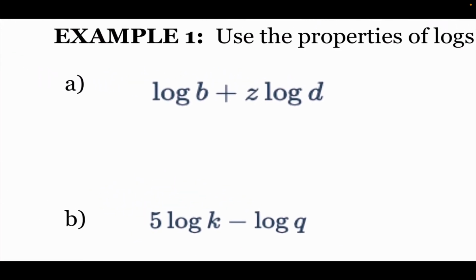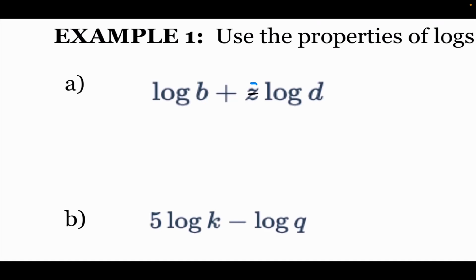I have plus. Plus means product rule. So sometime in this problem, I'm going to use product rule. I also have a z in front. That's power rule. Okay? So the first thing I need to do is put the z back. The z is in front.